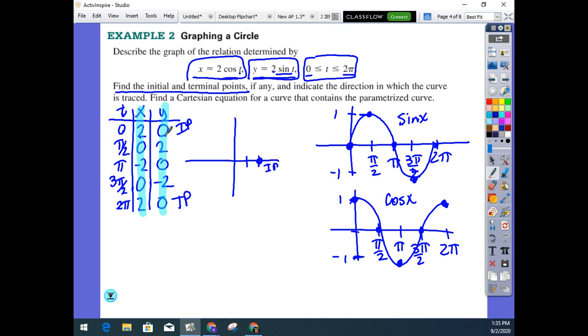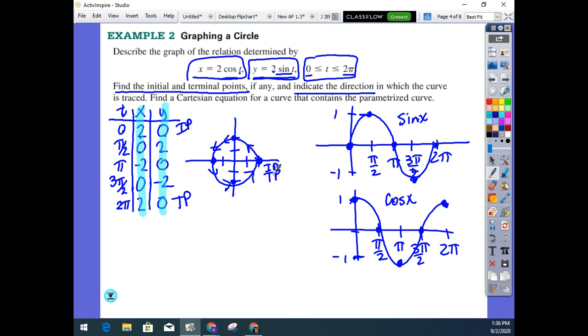So we begin at 2, 0, then we go to 0, 2, then negative 2, 0, then 0, negative 2, and back to 2, 0. So I'm going to go in this direction. When it's the whole circle, please make sure you're indicating the direction you are traveling. Notice the initial point and the terminal point are the same.